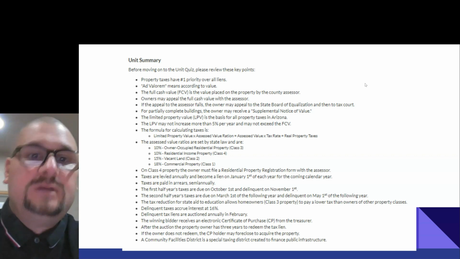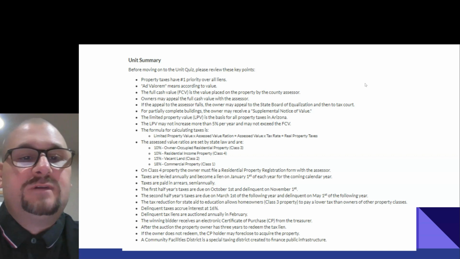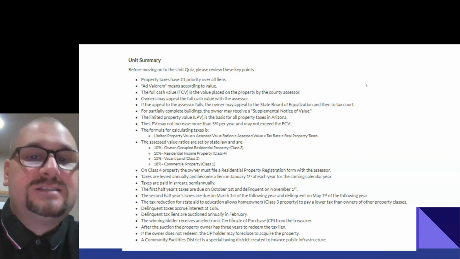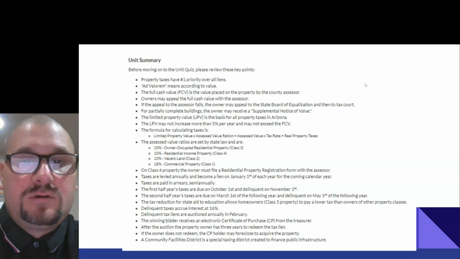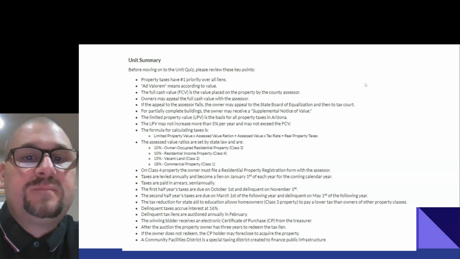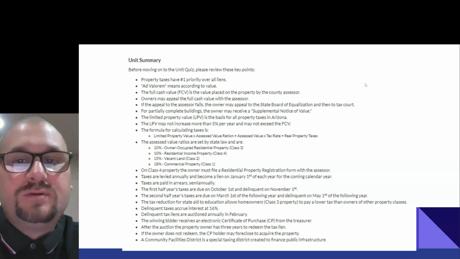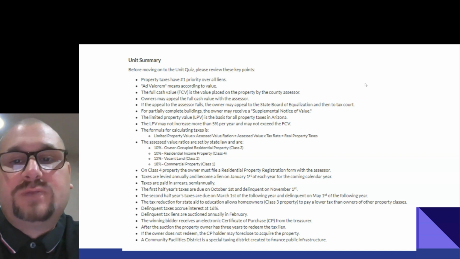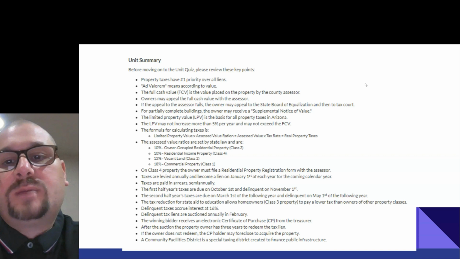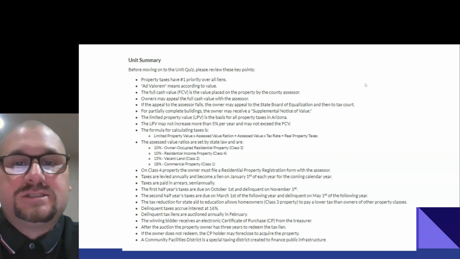The formula for calculating taxes is the following: limited property value, LPV, times the assessed value ratio equals the assessed value. The assessed value times the tax rate equals the real property taxes.